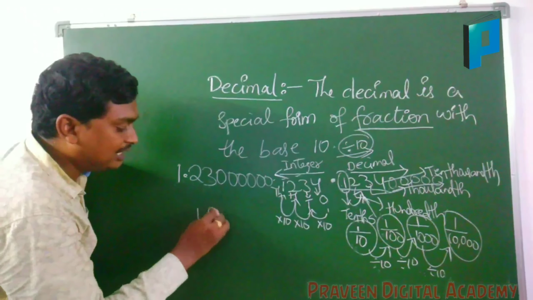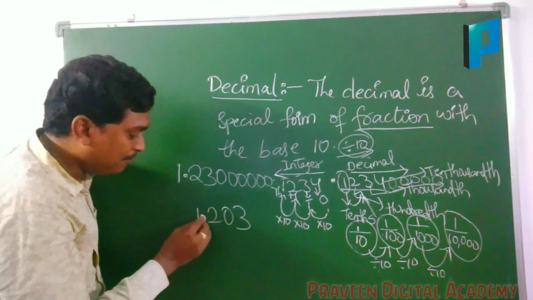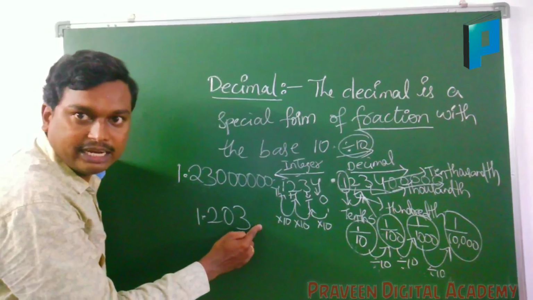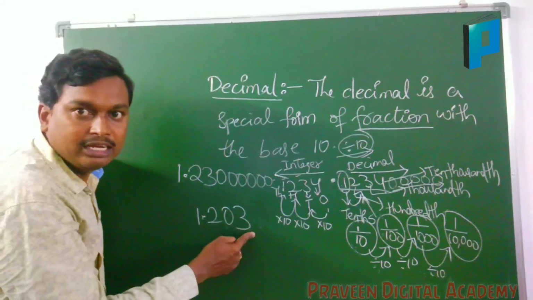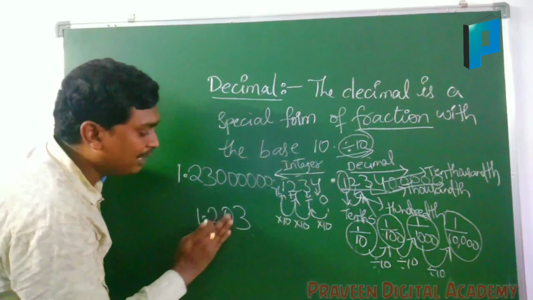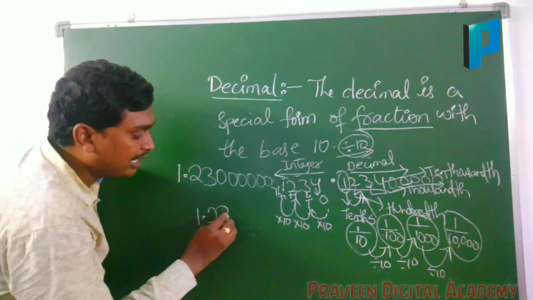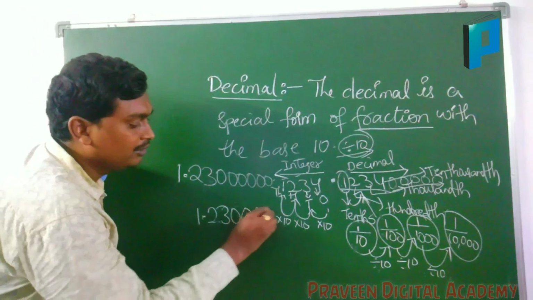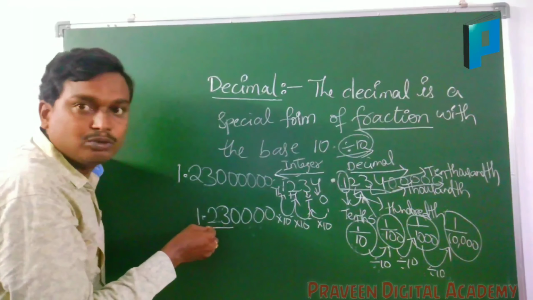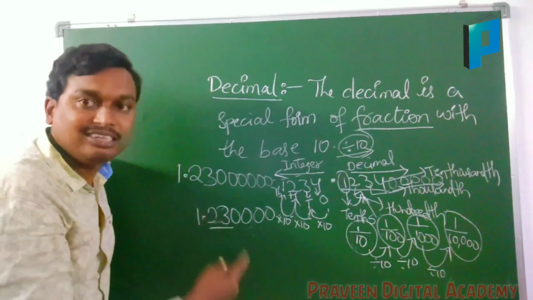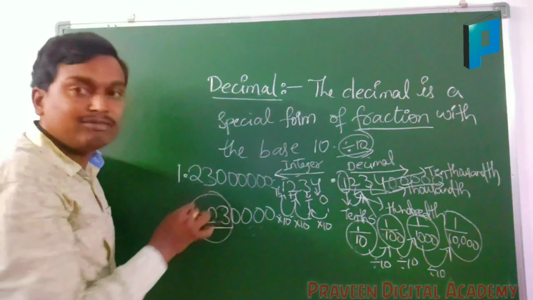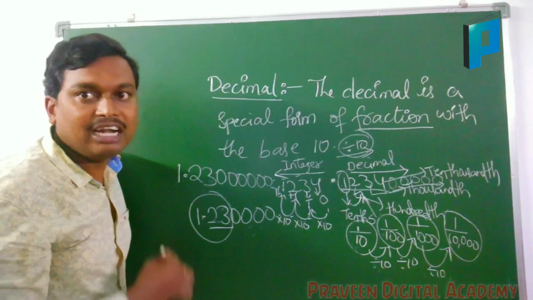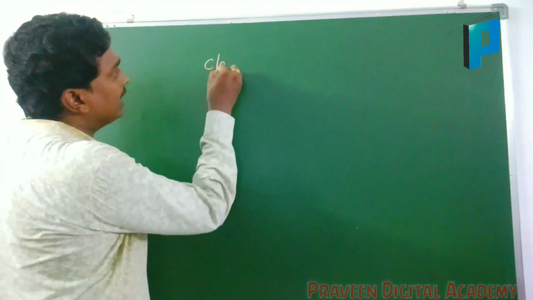But don't keep a zero in between 2 and 3, like 1.203. It should be kept after the last number. After this 2, 3, you can keep many zeros. Even if you keep many zeros, the value of the decimal never changes.